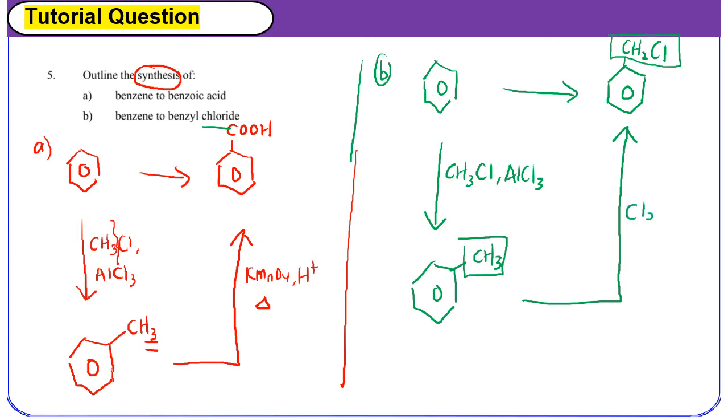So we use Cl2 in the presence of UV, and one of the hydrogens is replaced by Cl.